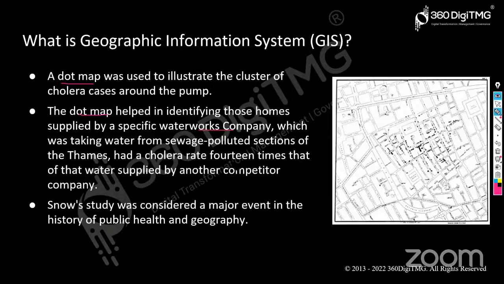When the investigation happened, it was observed that this company was using sewage-polluted sections of water from the Thames River, and only these houses were affected by cholera. It was also measured that there was 14 times the chance of a case being registered from the houses that this waterworks company was supplying water to.